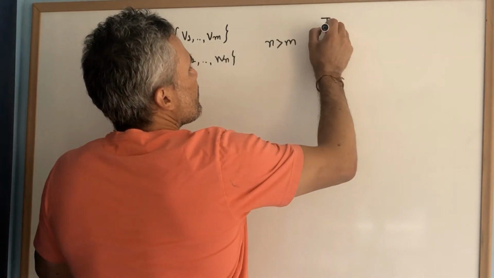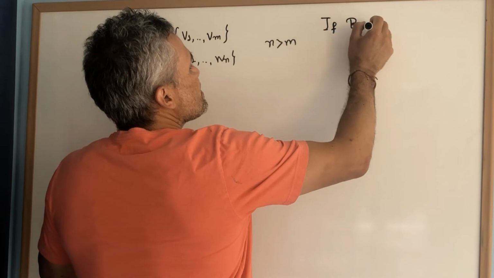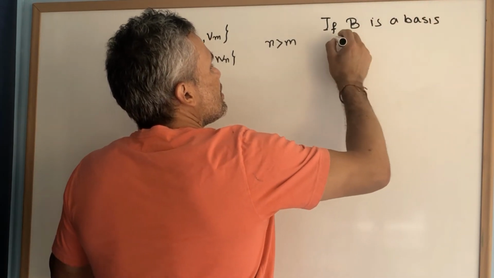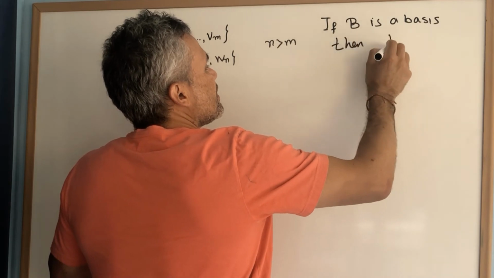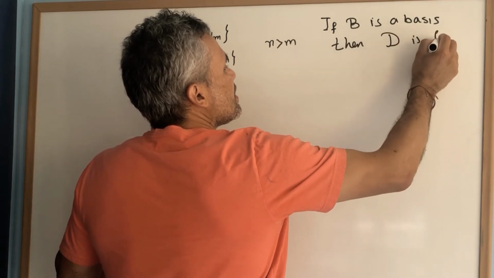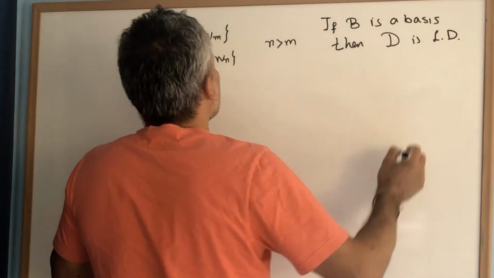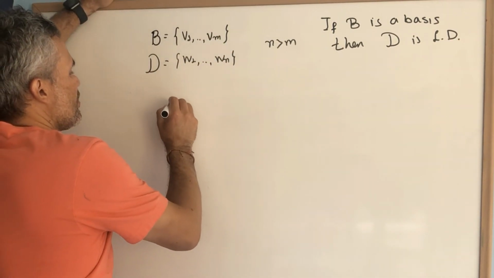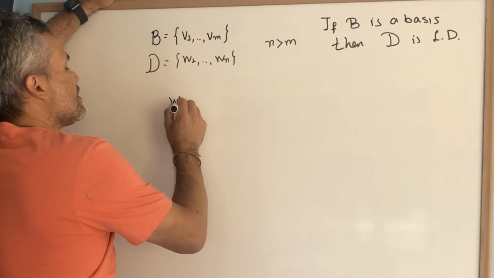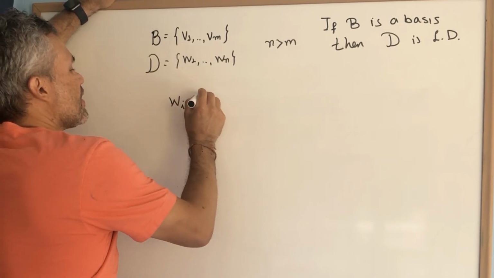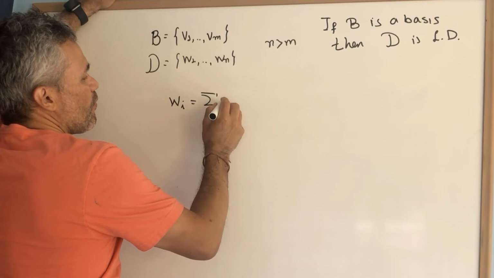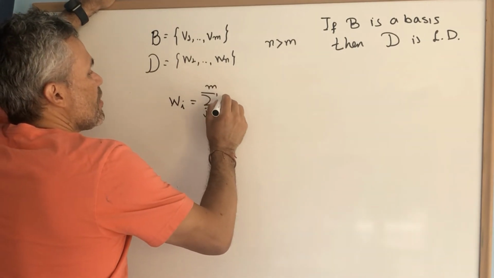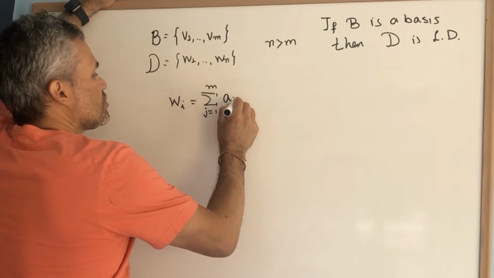If B is a basis, then D is linearly dependent. And then we proceed in the same way. We write every wk as the sum of some weights from j equal 1 until m of a jk v sub j.